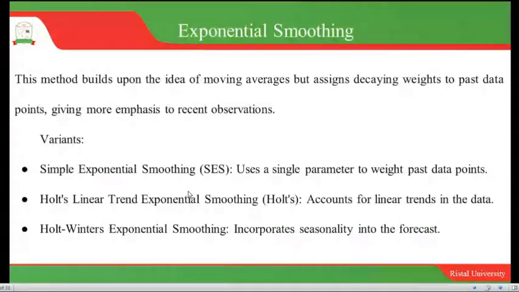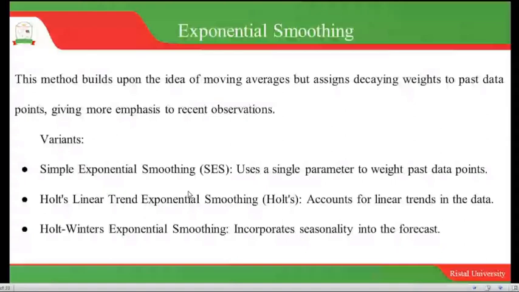We could be looking at the patient census maybe for two to three years back, and we want to use exponential smoothing, so we also bring in the recent observations. So we are going to have variants, what we call variations, in this kind of method. First, what we call simple exponential smoothing.